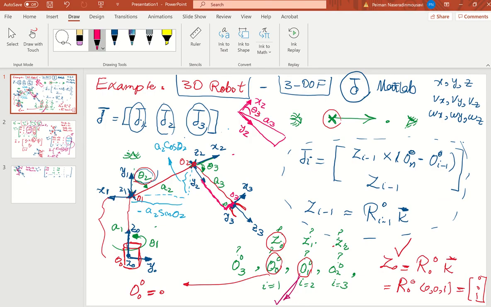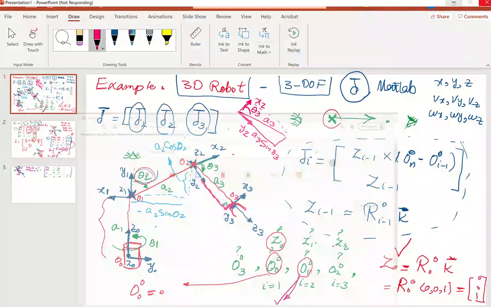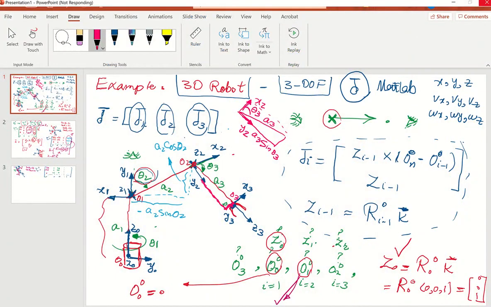So this is going to be how much? You tell me. This is going to be A3 what? Look at here, sine theta 3, right? Sine theta 3, in the y2 direction. The x2 direction is going to be, from trigonometry, hold on, A3 cosine theta 3.